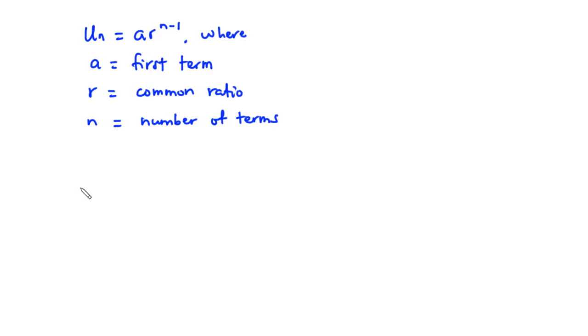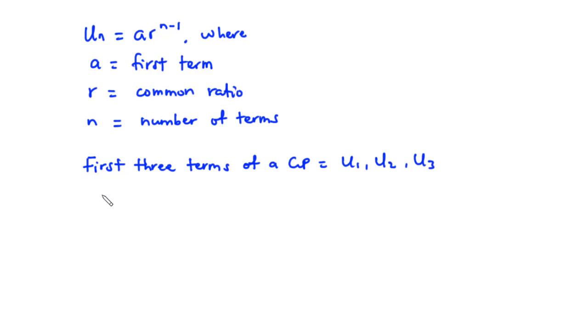Now, given that the first three terms of a GP are u1, u2, and u3, then the common ratio r is equal to u2 divided by u1, and that is the same as u3 divided by u2.